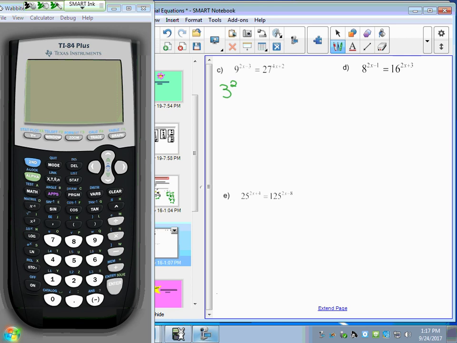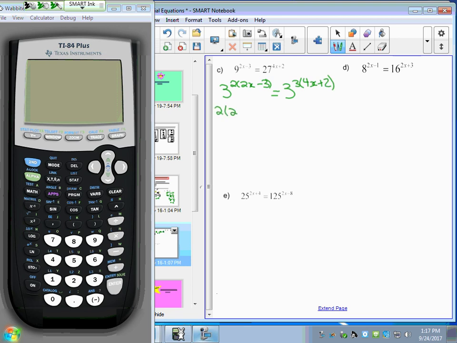So we are going to leave that in brackets like that. 2x minus 3. And we need to write 27 with a common base of 3 as well. So on the previous page, that 3 to the power of 3 is equal to 27. So now we just put 4x plus 2 in brackets here. All right, now that we have the bases the same, we can drop them.